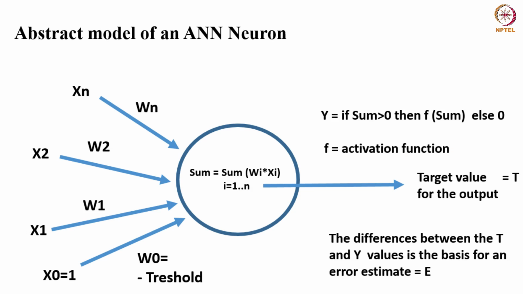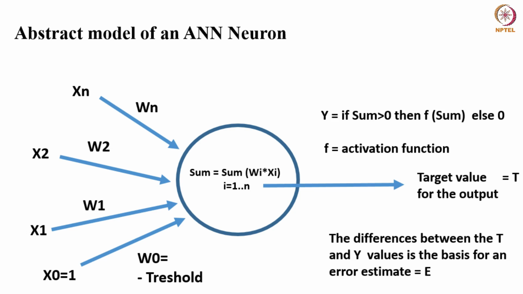At this point in time, you have seen a model of a neuron many times, but obviously we will repeat it here. So you have a body of the neuron, you have inputs, you have weights, you have a summation function where you sum up in every phase the product of the input multiplied by the weights.